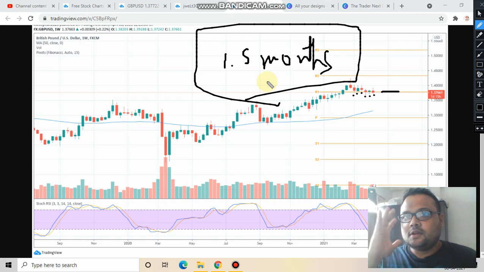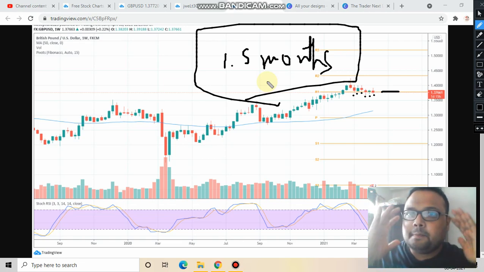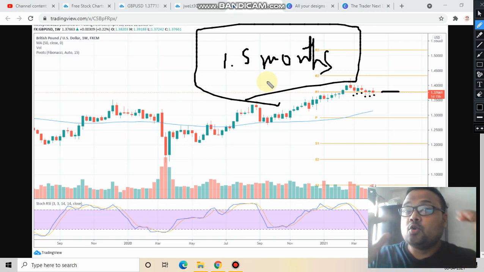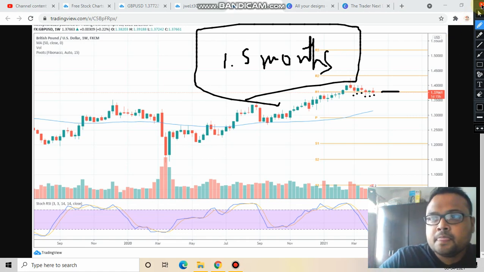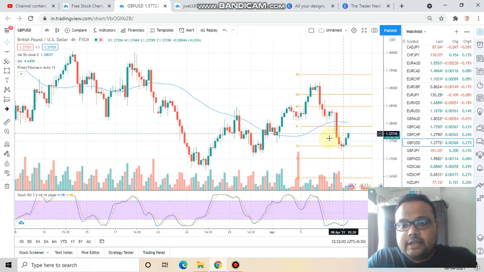Just try to understand the market psychology here. There are some buyers present in the market who are not allowing the market to go down, who are trying their best to keep the market above this level. That is a very good sign for us, and as of now market is just trading at this level.